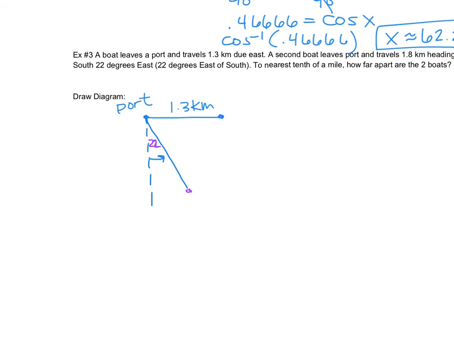It says that guy went 1.8 kilometers. So that length is 1.8 kilometers. Okay, that's this length here. The question is, to the nearest tenth of a mile, how far apart are those two boats? So we are looking for this length.